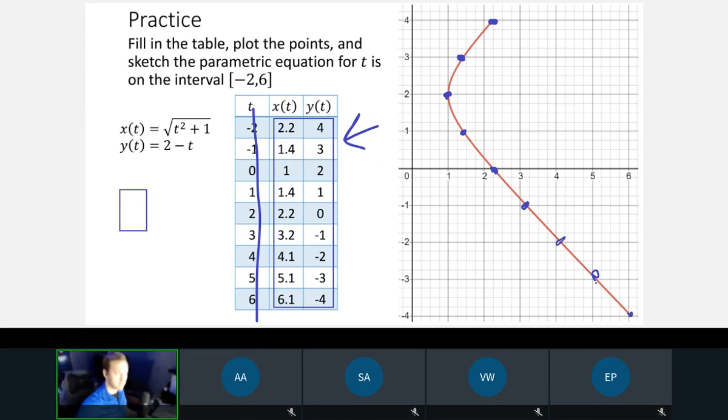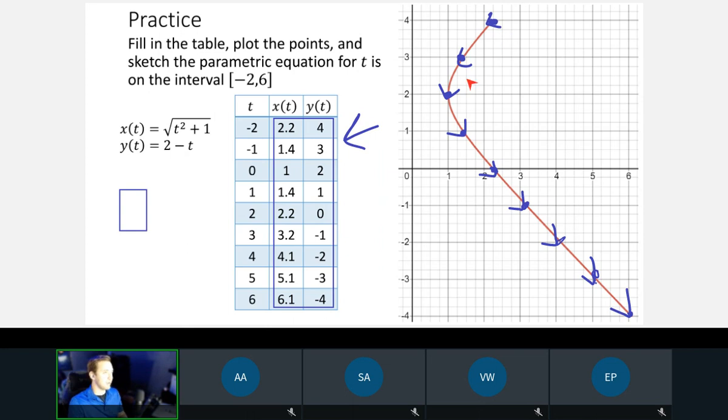So all that's going to look like is this. See how my t value is increasing? And this really just shows where we started.